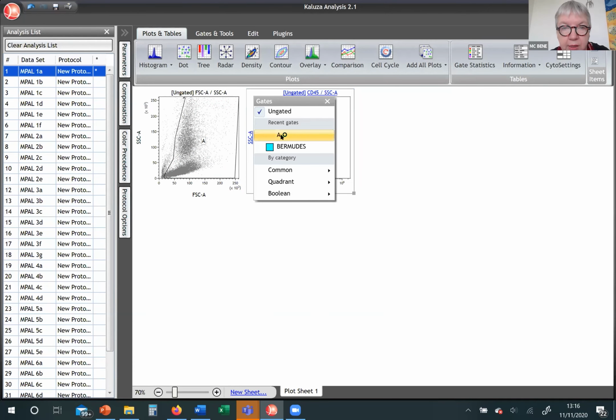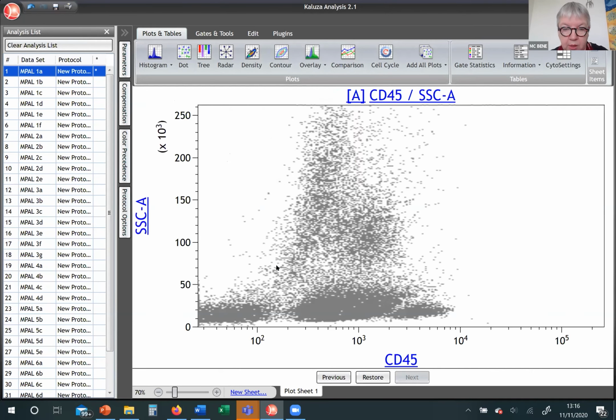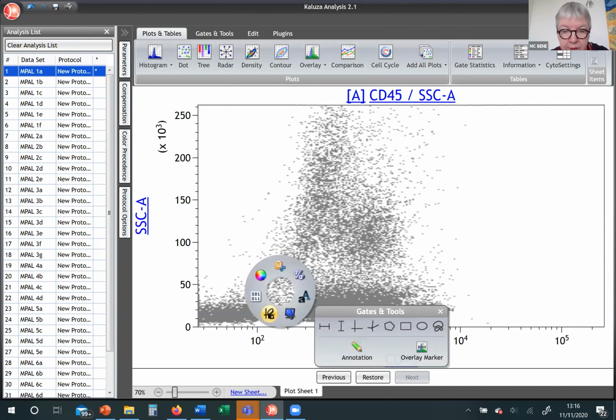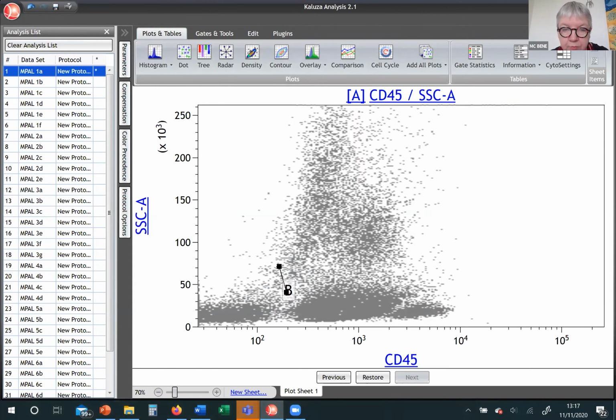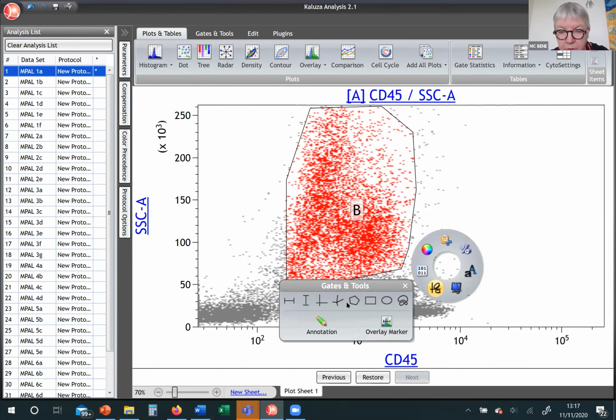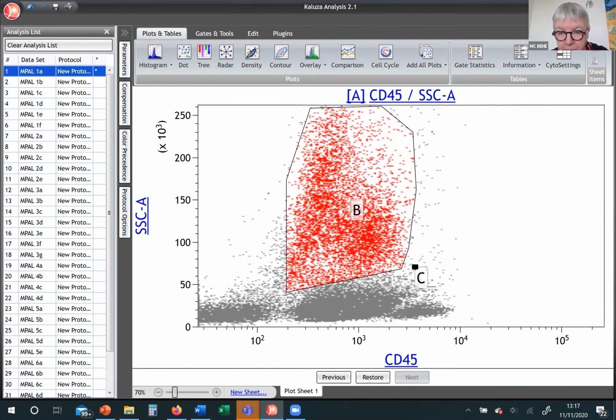Of course, we first get that on A. And then these are our polymorphonuclears here away on the top. I think these are true, and there are very few monocytes in this sample. So now I do the monocytes.